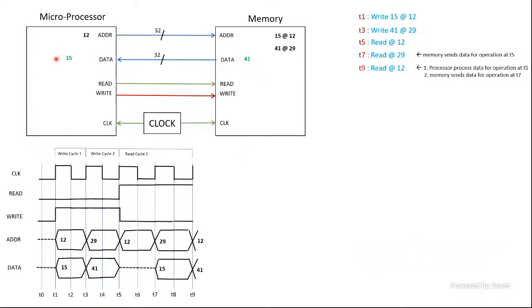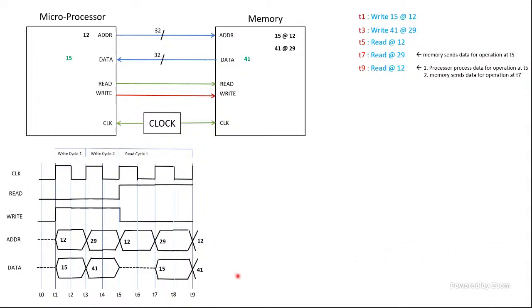now that data 15 came over and is consumed inside the microprocessor at that time point. And at that time point, multiple things are happening. One is your processor is sending a read request for address 12. So it is presenting address 12 to the memory, keeping read high and write low.